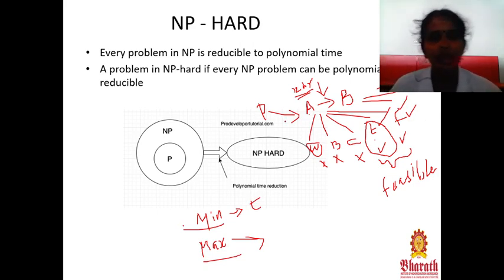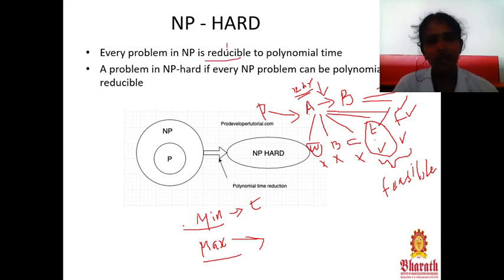So here in NP hard we are getting the optimal solution only. That is the difference between NP and NP hard. P is a very small problem, and when a problem is somewhat large, you can say it is an NP problem. When the problem is large, we cannot solve the entire problem as a single one. For that, we are applying the reduction.